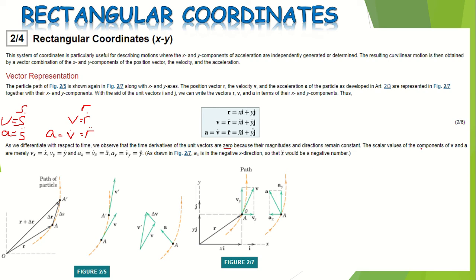Okay, so the scalar values of the components of v and a are merely this: v sub x equal to x dot and v sub y equal to y dot, and a sub x equal to v sub x dot.